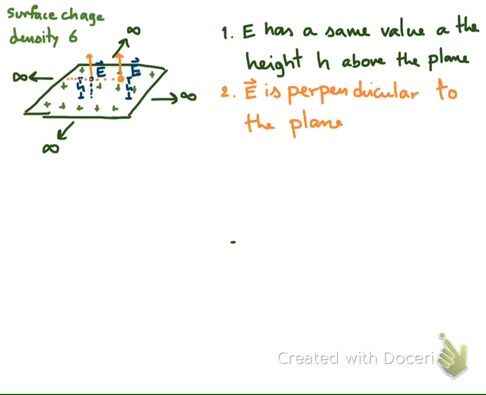For example, I may construct the Gaussian surface like a cylindrical Gaussian surface that passes through this plane, and the top and bottom surfaces are parallel to the plane.